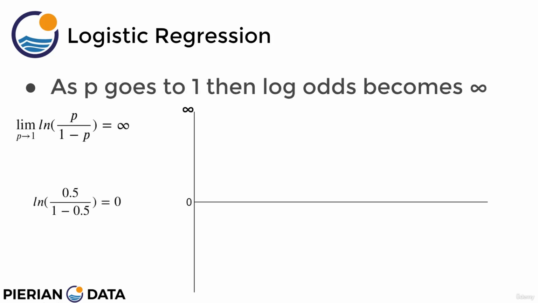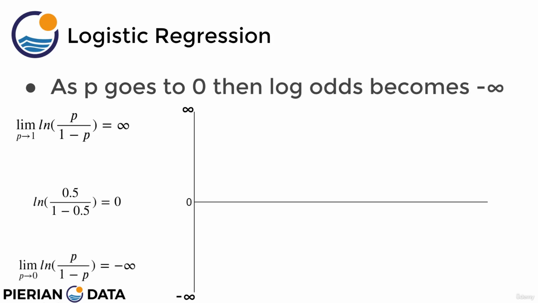Then you'll realize that as you keep getting closer and closer to 1, the natural log of these odds is actually going to go to infinity. As the probability gets closer to 1, you essentially have 1 divided by a very, very small number, and the natural log of that goes towards infinity.